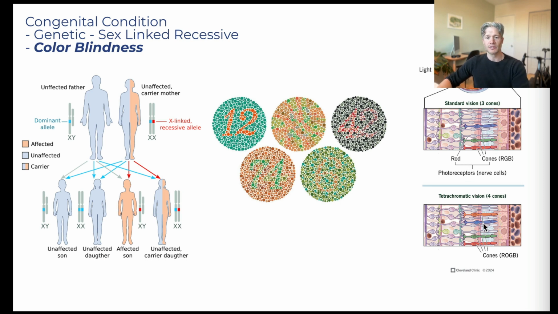But a few individuals, and this seems to occur in a higher percentage for women, and again it has to do with vision and being sex-linked, there's potentially 4, so tetra being 4 genes that code for vision, and again this is on the X chromosomes.